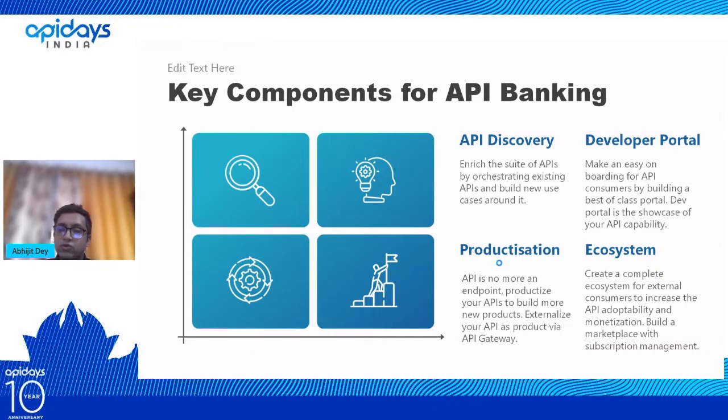That ecosystem should have a marketplace capability where people can subscribe. There should be enough monetization logic built, and this ecosystem you can also build around your developer portal, right? And that is how the Indian banks are working today, and even in our global benchmark we have seen that it is a standard policy, right?